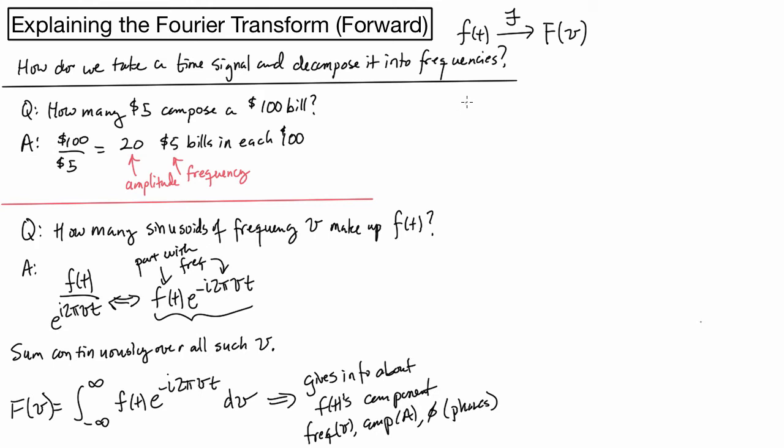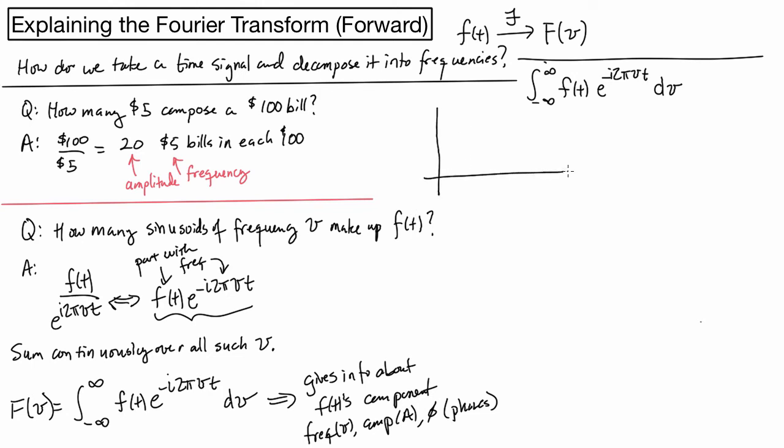If I take this integral from minus infinity to infinity of f of t e to the minus i 2 pi nu t d t, then here's what this process is representing in some way.